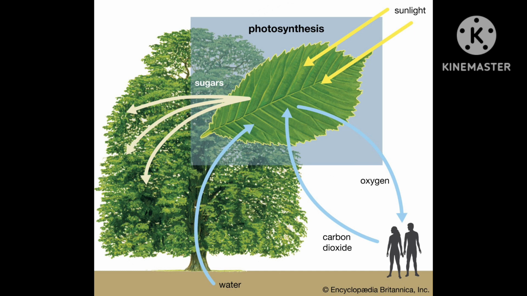But on a commercial scale, it is prepared by the passage of steam over hot coke. The mixture of CO and H2 thus produced is known as water gas or synthesis gas. It is a mixture of carbon monoxide and hydrogen.